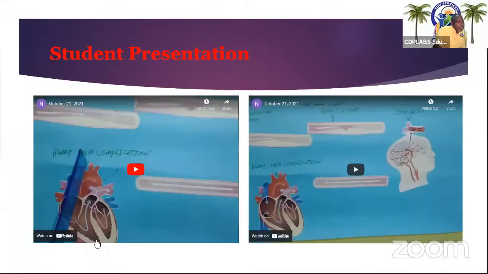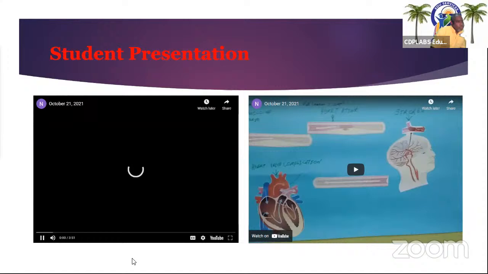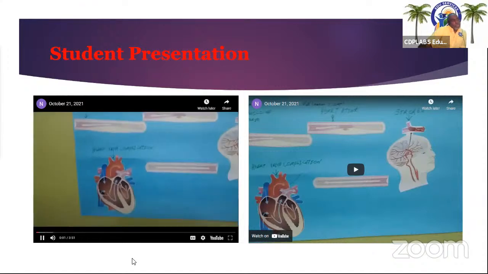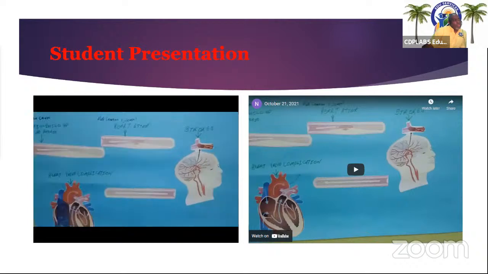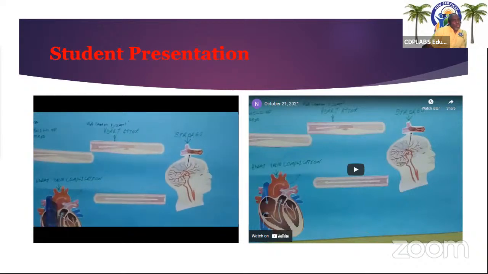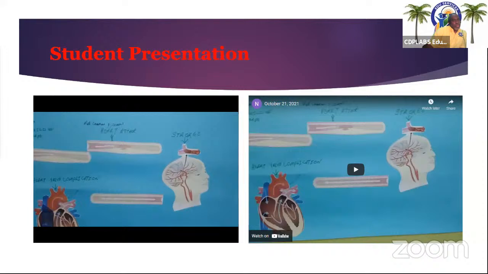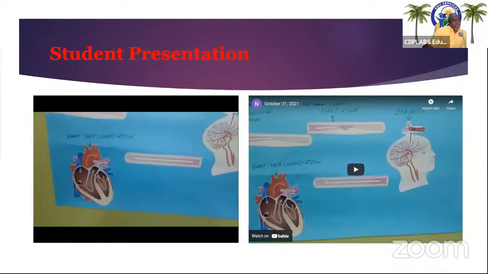These are our last 2 clips. We're going to look at the aortic valve. So this is the aortic valve, or aorta. This is the main artery that carries blood away from the heart.